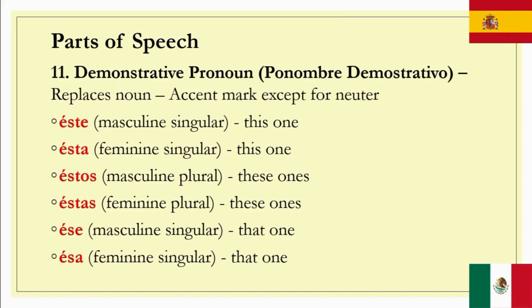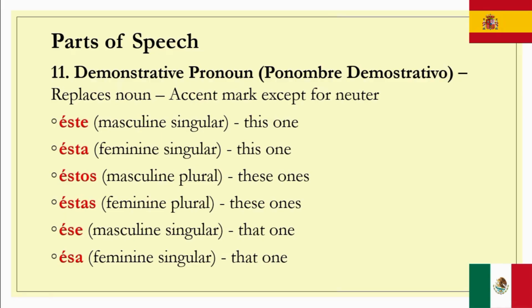So it replaces the noun, with an accent mark, except for neuter. But in modern Spanish, sometimes the accent mark does not exist. It is just to recognize, okay? But most of the time in modern Spanish, again, it does not exist.